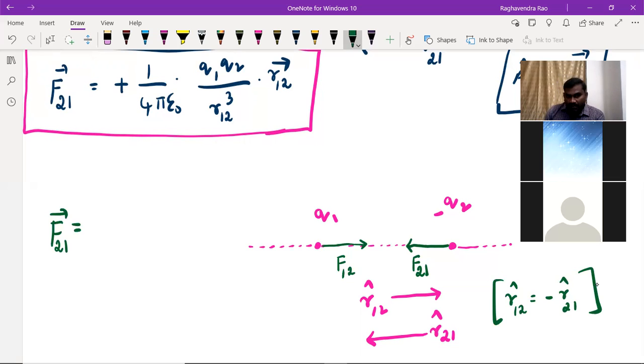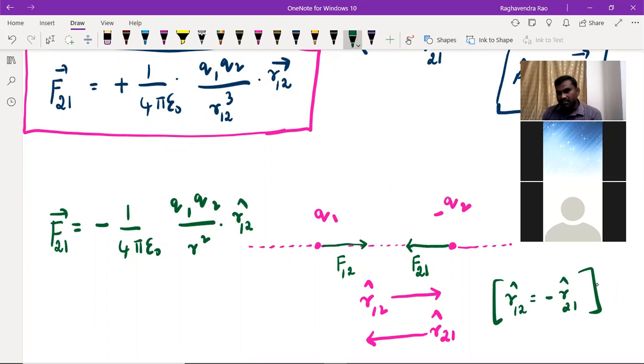Now we can write minus 1 by 4 pi epsilon naught, Q1 Q2 by R square into R12 cap. Why are we getting minus here? Because this is in the opposite direction.